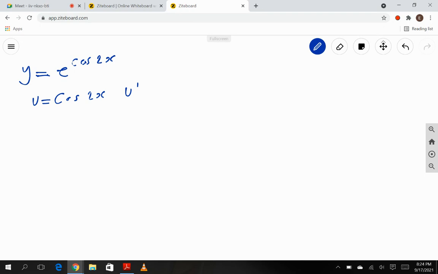So what you do is you get your u, and you have to find the derivative of the cos. You know the derivative of the cos is negative. Remember, anything that starts with a c, its derivative is negative, right? That's what we discussed.